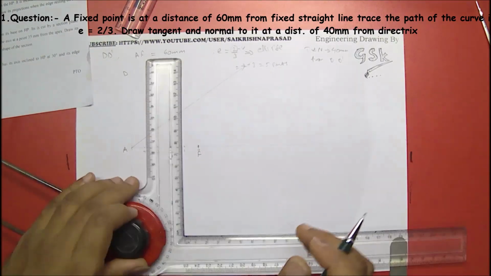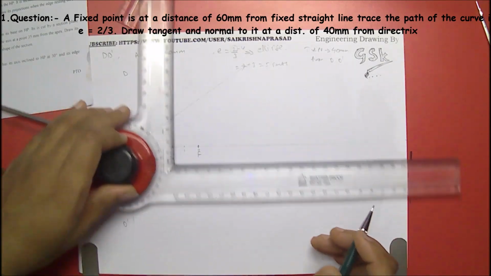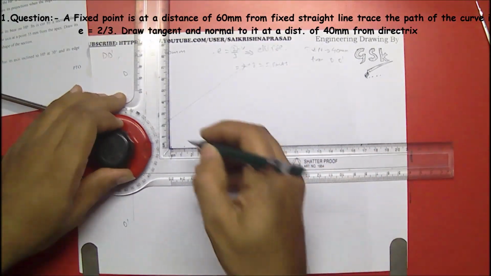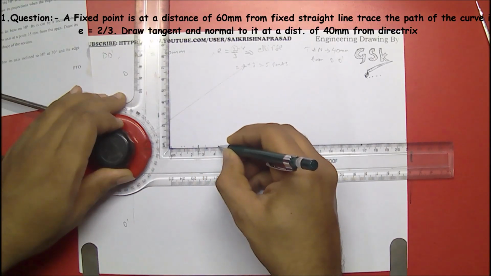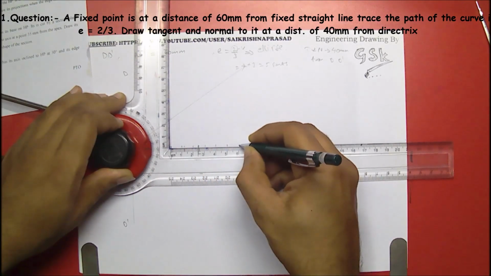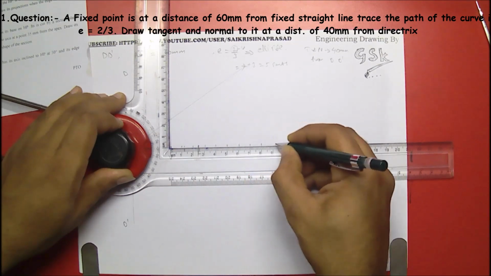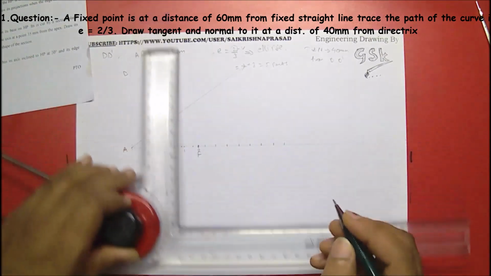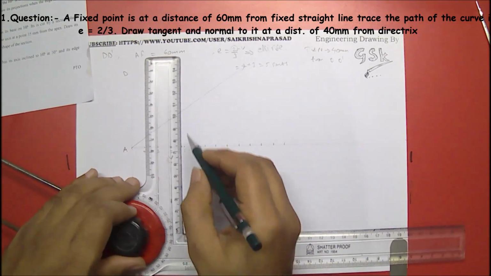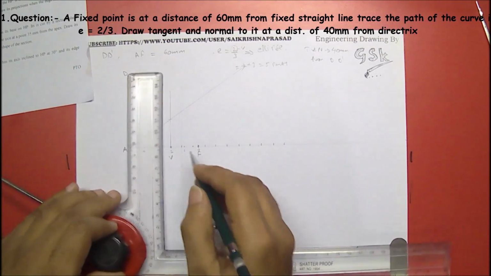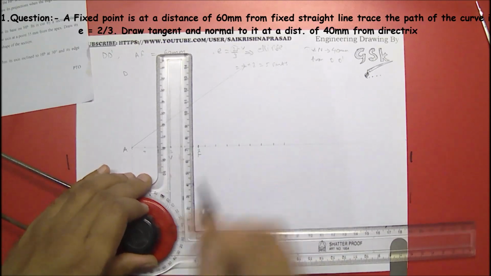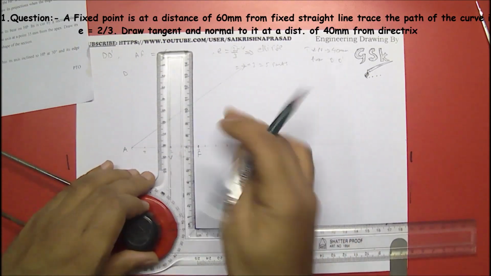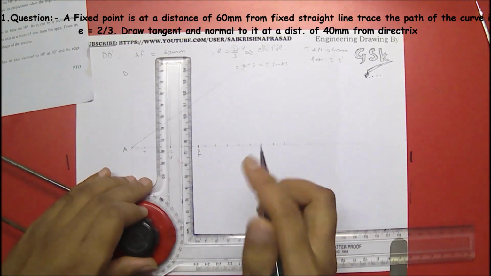This is the vertex focus. So I'll be taking 1 centimeter line apart. And from here, draw the line which cuts this array up and down. Even you can take this array down also, but no need.